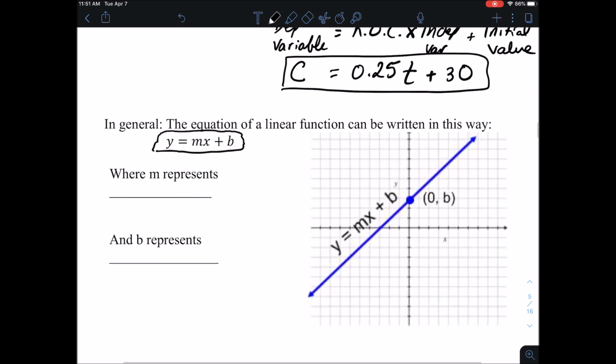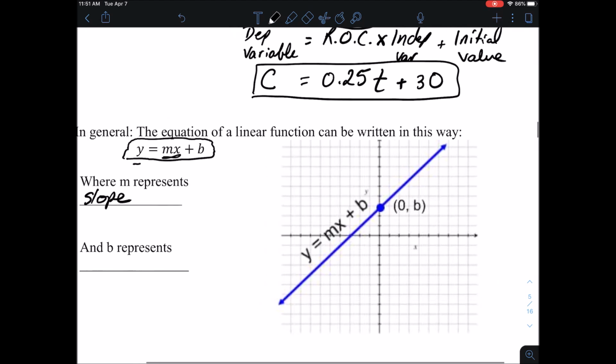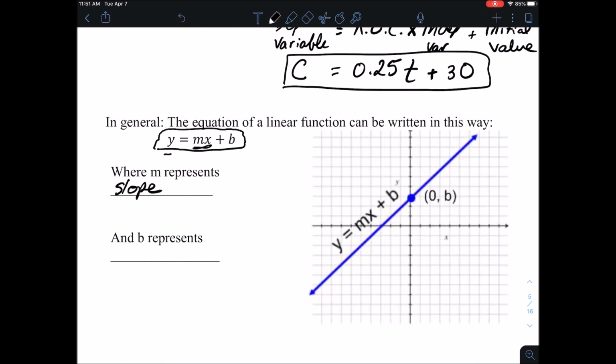Those of you that have taken a science course, maybe you've studied that already and know that. So this is my equation, y equals m times x, where we know m is the slope, and we know how to calculate the slope already, so we've got that as a tool. And b represents this point right here, the y-intercept. So b is the y-intercept.